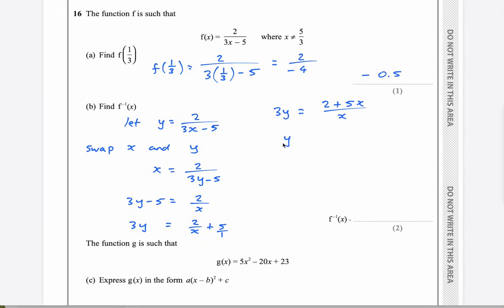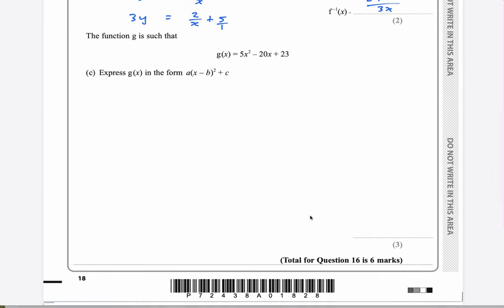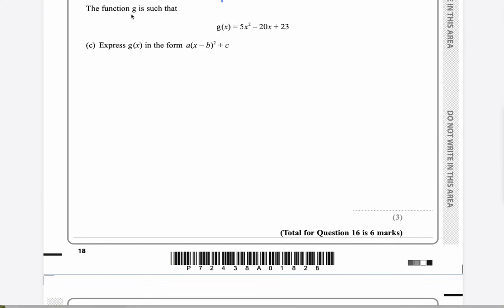And then finally I'll divide by this 3. 2 plus 5x over x divided by 3 is just like multiplying this denominator by 3, so it's 3x. So that is the inverse function, and I should write this here because it's not y, it's the inverse function. So it's 2 plus 5x over 3x.